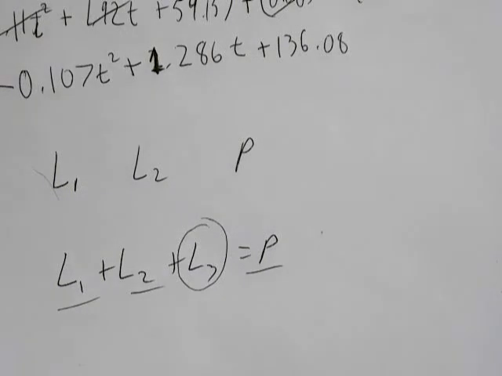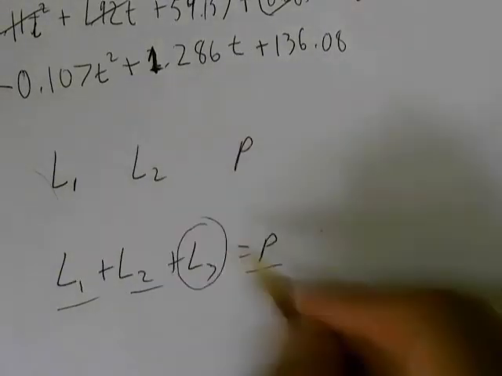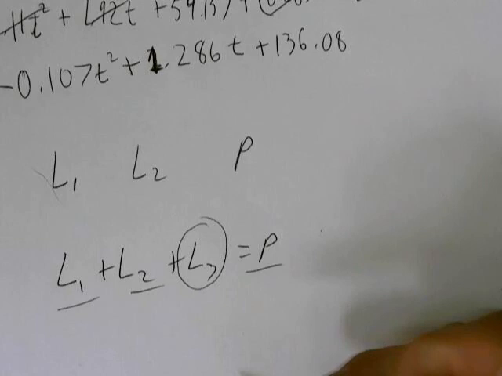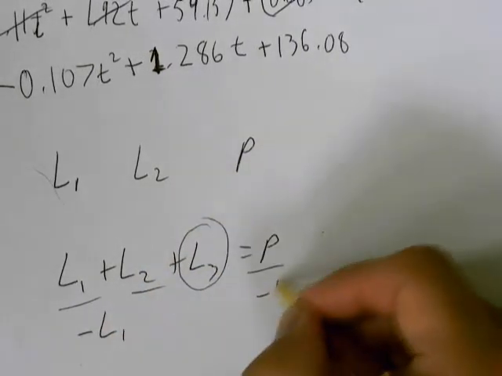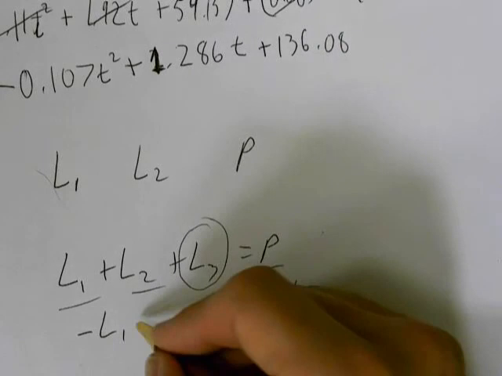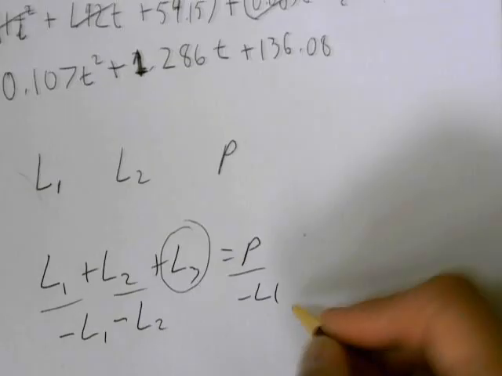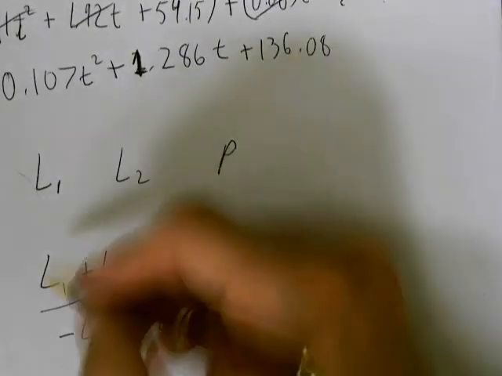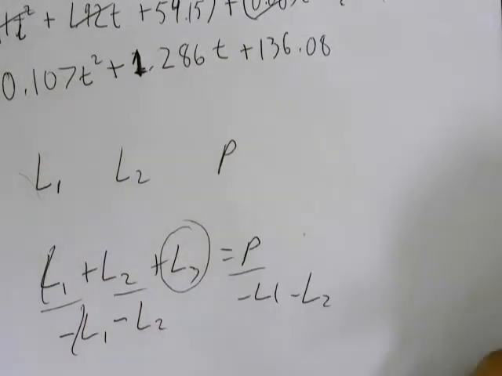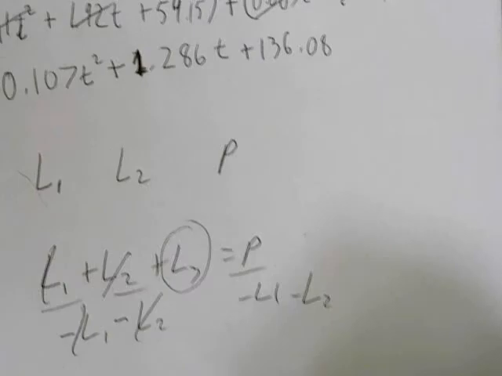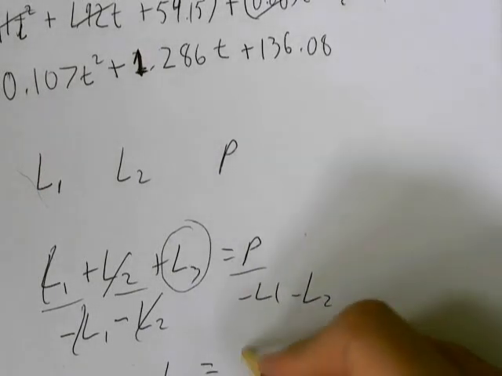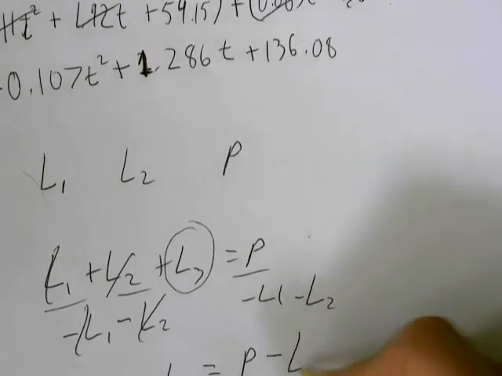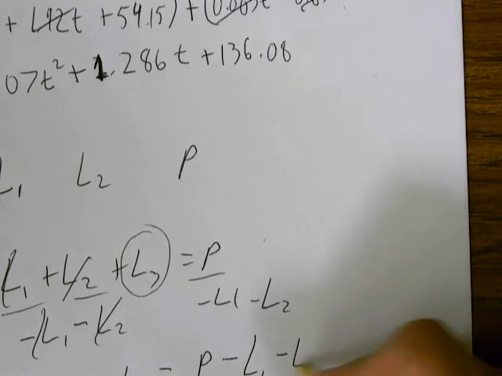So before I put those three in, I'm going to solve for L3. Well, I got to subtract L1, minus L1, and I need to subtract L2, minus L2. So L1 minus L1, that goes away. L2 minus L2, that goes away. L3 equals perimeter minus L1 minus L2.